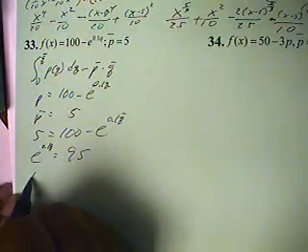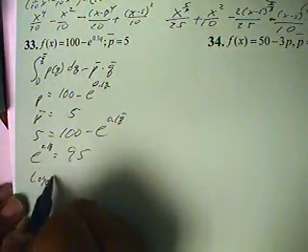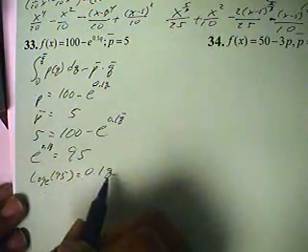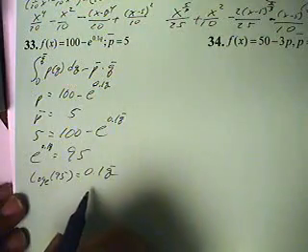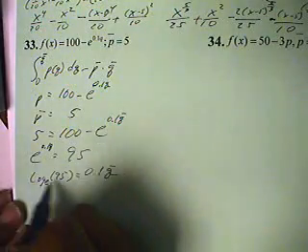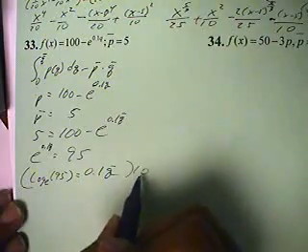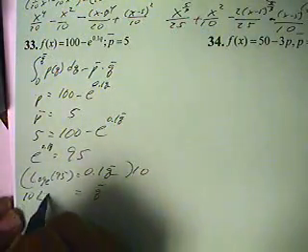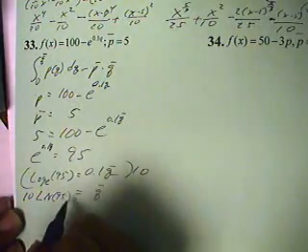And from there, we're going to have log base e of 95 equaling 0.1 Q, current Q. Then I'm going to multiply both sides by 10, and that'll move the decimal over, and we'll get Q equals 10 times the natural log of 95.